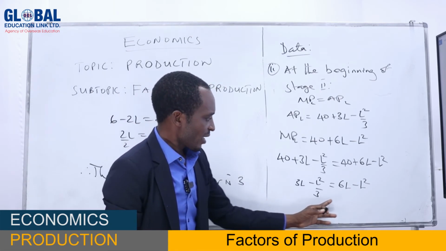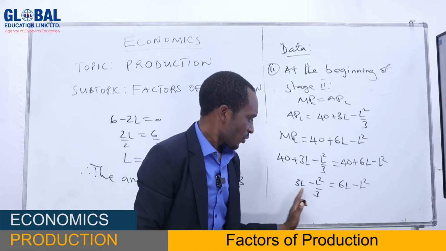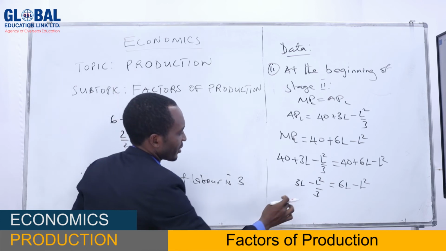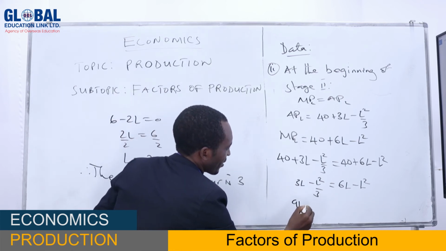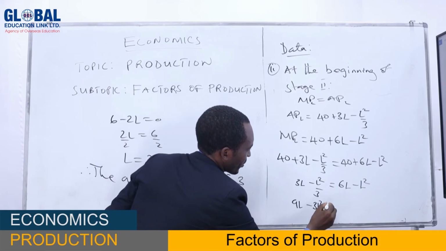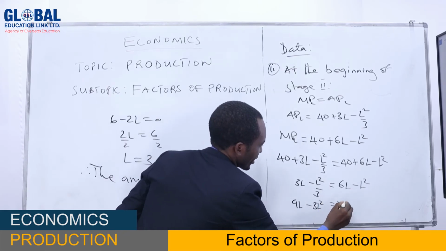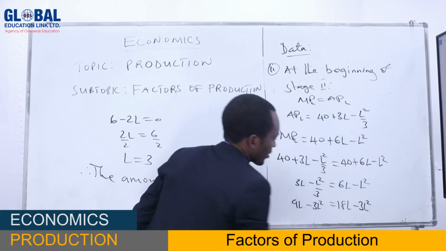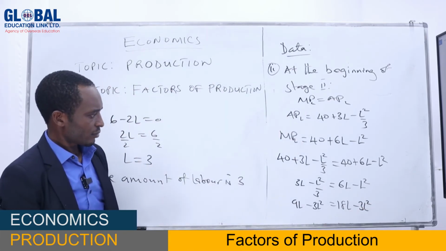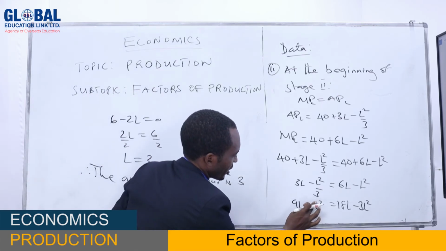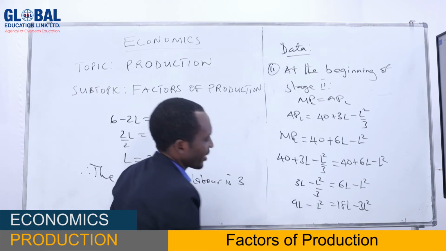So when you multiply by 3 throughout to remove this fraction, here will be 9L minus L square equals 18L minus 3L square.